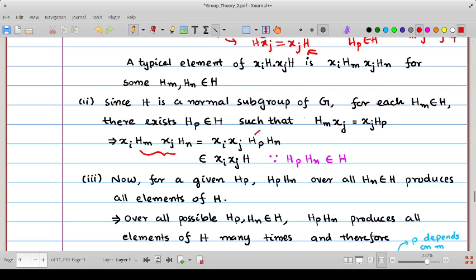Now, even for a fixed Hp, if I vary Hn over all possible values of H, the product Hp times Hn will produce all the elements of the subgroup H, which is nothing but the rearrangement theorem.